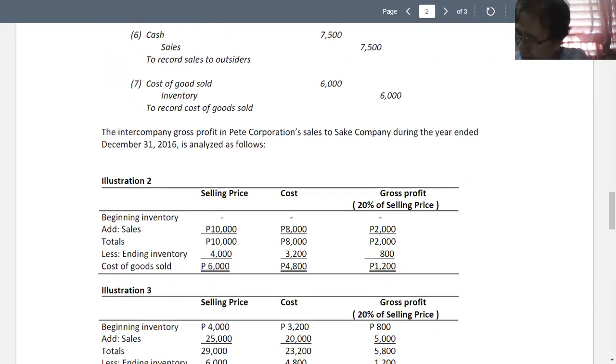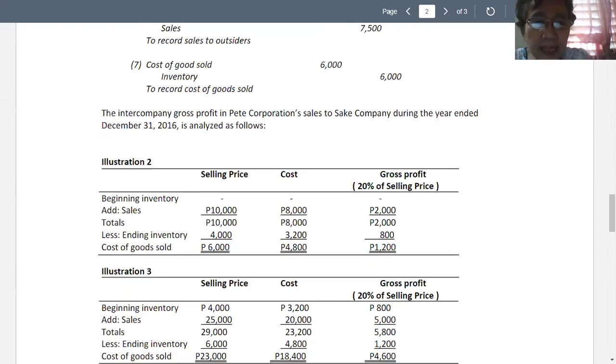Okay, in illustration number 3, here we have the analysis with the beginning inventory. Now that's continuing our illustration in the preceding section.